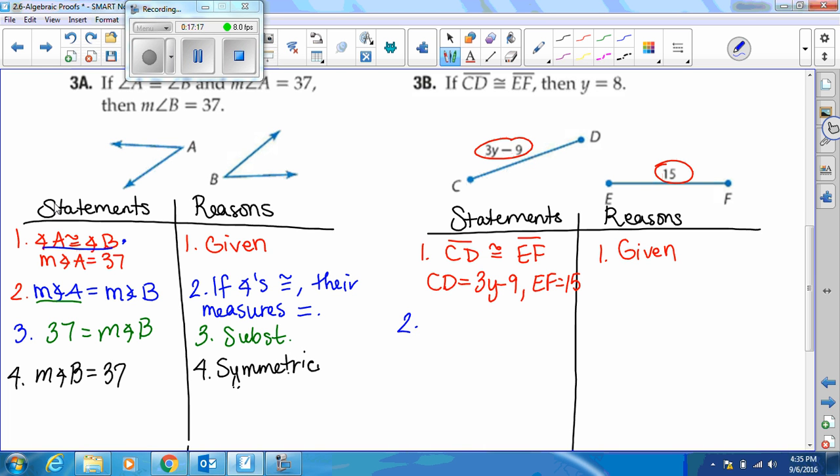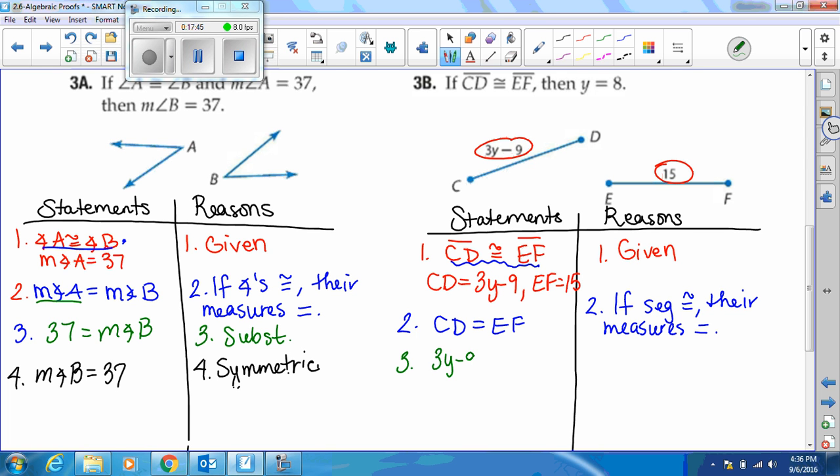And then again, if segments are congruent, we know their measures are equal. And once I say that their measures are equal, then I can plug in their measures. And that's with substitution.